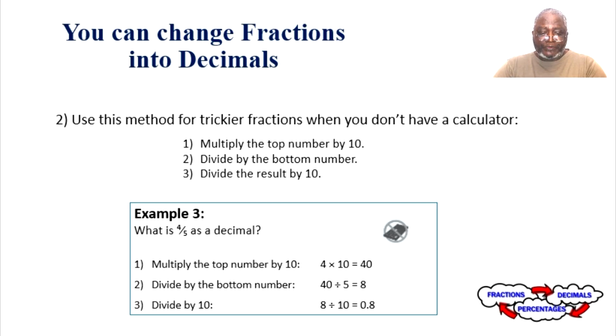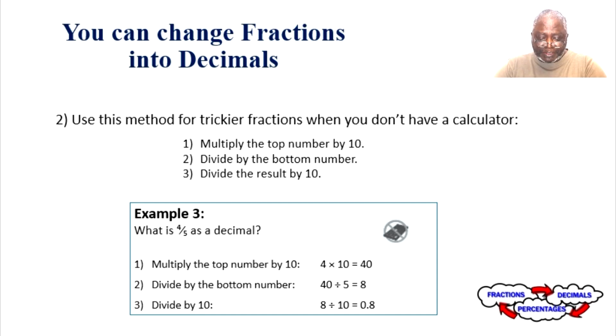Example 3 of changing fractions into decimals. Use this method for trickier fractions when you don't have a calculator. First, multiply the top number by 10. Why do you think that is? Because you want to make it into a whole number so it will be easy to work with. But remember, when you finish your calculation, divide by 10 again. Look at example 3. What is 4/5 as a decimal?